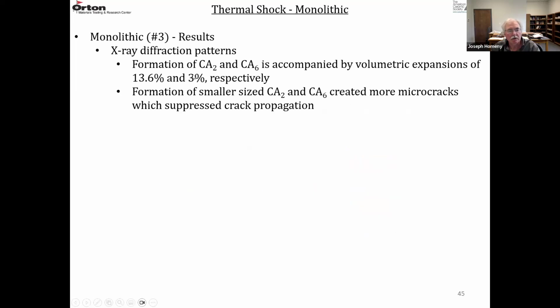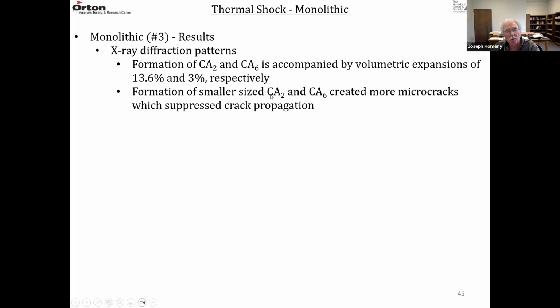So from the X-ray diffraction patterns, the formation of CA2 and CA6 occurs as we grind the cement finer and have a higher cement content. These phases, when they form, have a volumetric expansion. CA2 is an expansion of 13.6%, and CA6 is 3%.